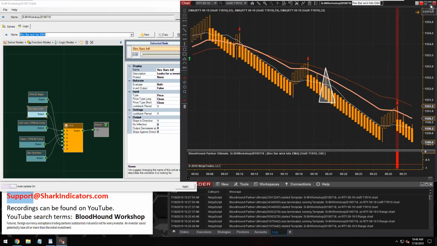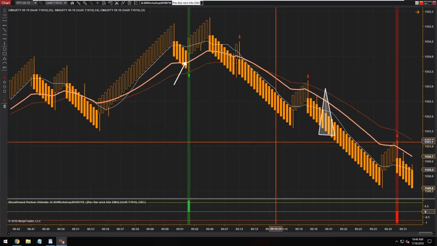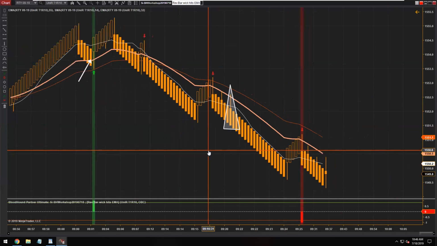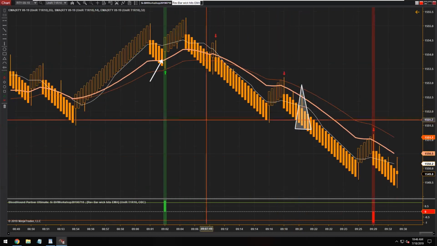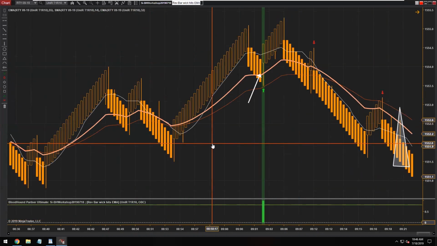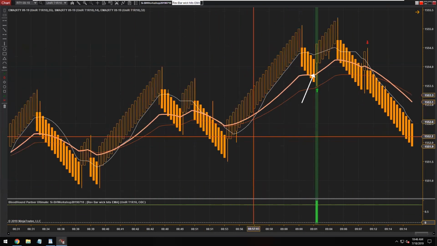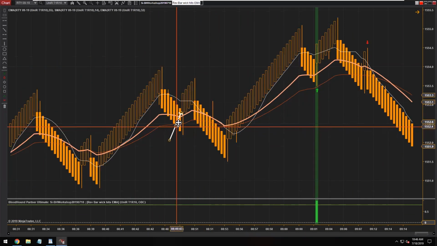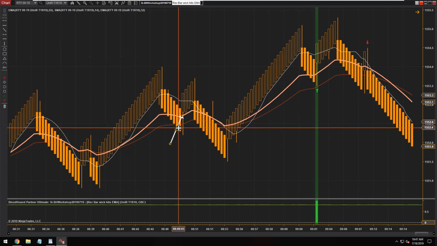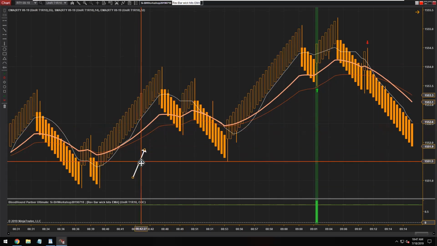Okay, let's take a look through a little bit more, see if there are any other false signals, anything we need to clean up. Let's see here. Well, I guess the slope right here in the EMA didn't quite cut it, so no signal there.